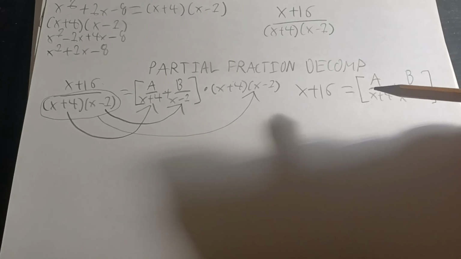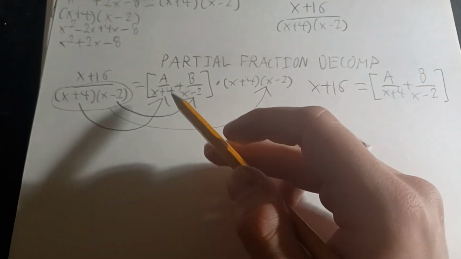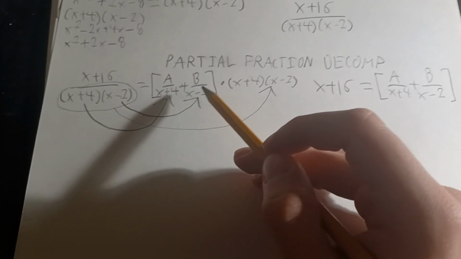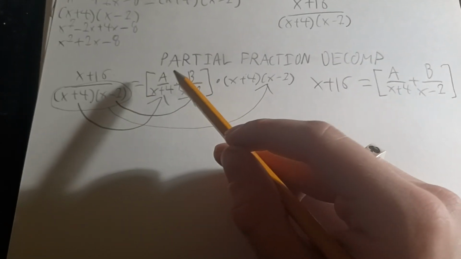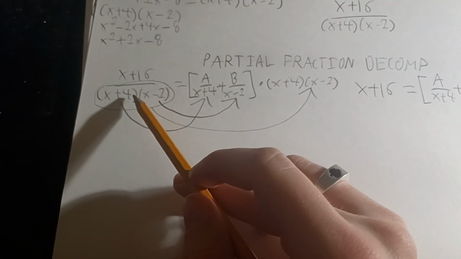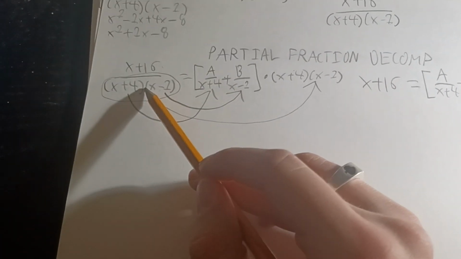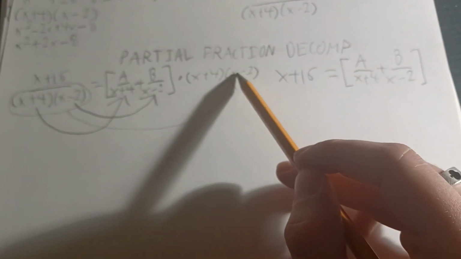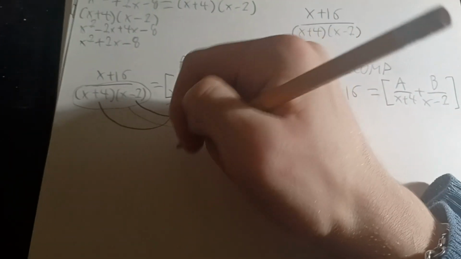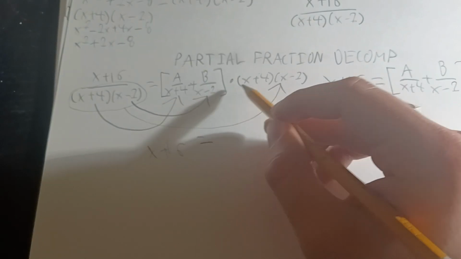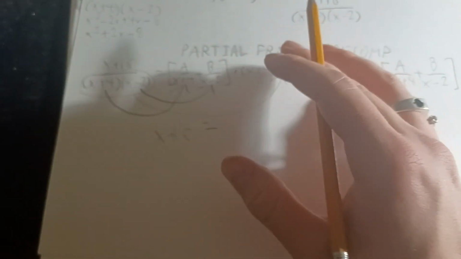To make this more applicable, really, we have a over x plus 4 plus b over x minus 2, right? We don't want the denominator here, so we're just going to multiply by it on both sides. And so we are ultimately left with x plus 16 is equal to all of this, right? Now, we've got that.